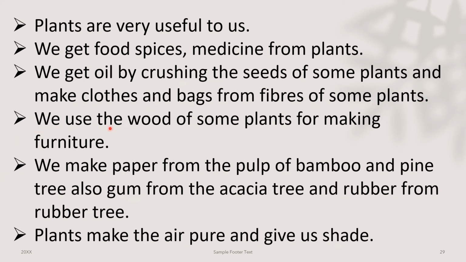We use the wood of some plants for making furniture. We make paper from the pulp of bamboo and pine tree, and also gum from the acacia tree, rubber from rubber tree. Plants make the air pure and give us shade.